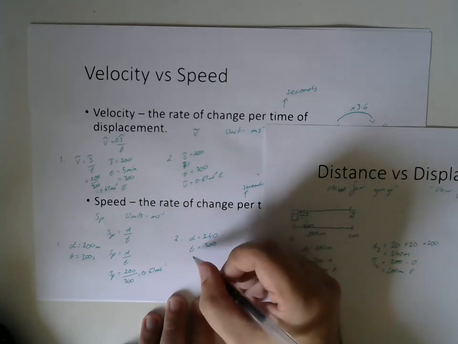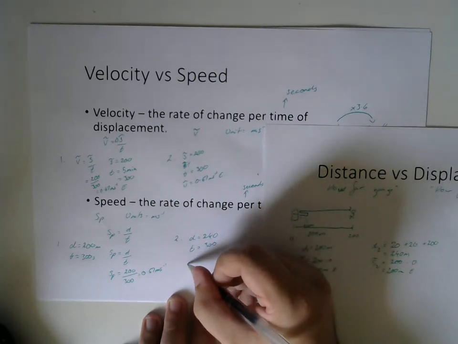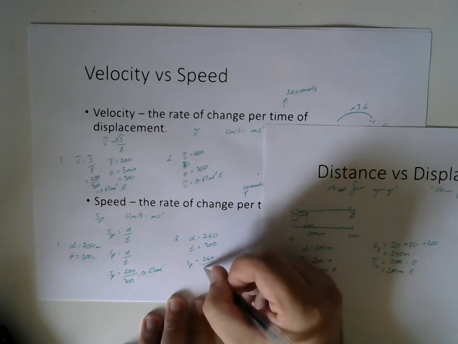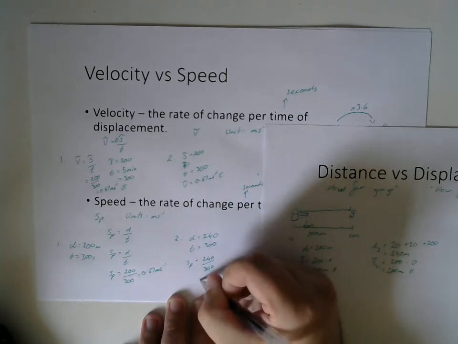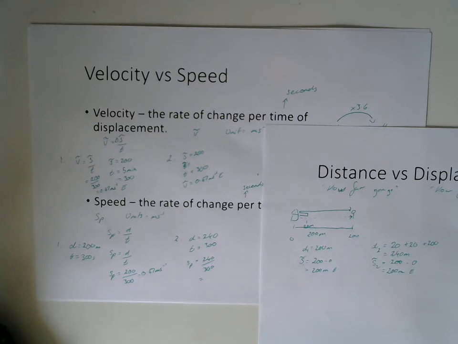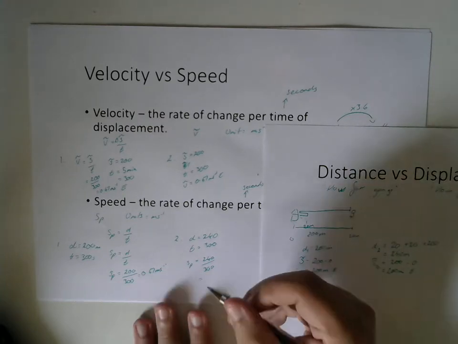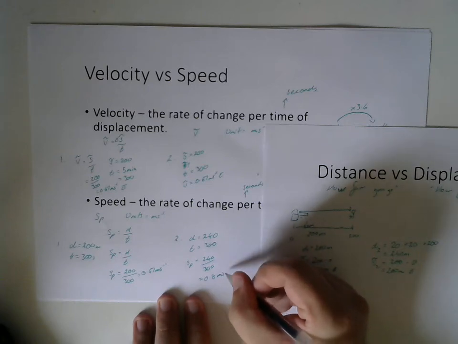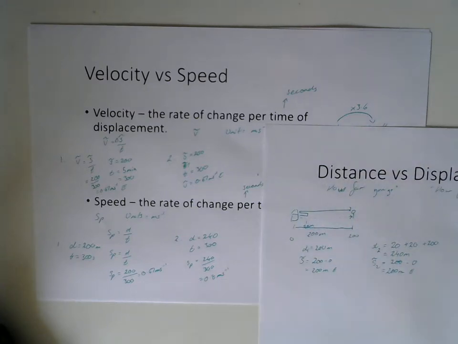And so now we get our speed equaling 240 over 300. 240 over 300 is the same as 24 over 30, which is the same as 8 over 10 or 4/5, which is 0.8 meters per second.